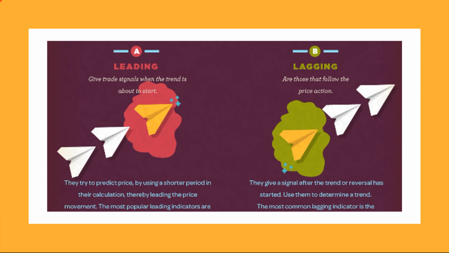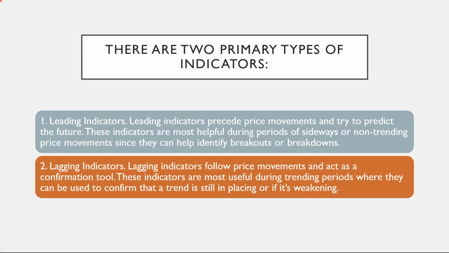A leading indicator is the one that gives you signals when a trend is about to change or about to start, whereas lagging confirms that a new trend has taken place or an old trend has ended. One confirms the market, one predicts the market. Now, because future prediction based on old price is kind of difficult, most indicators are lagging, but it's not a bad thing. They're just confirming.